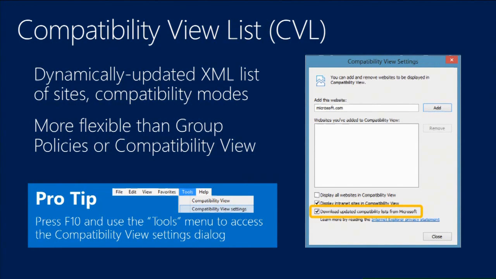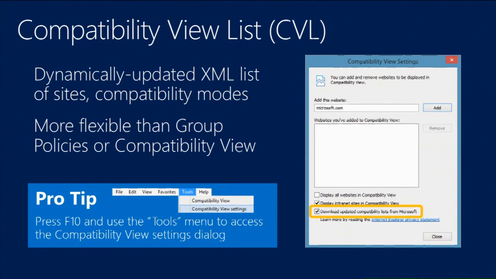Because we're happy to reach out on your behalf to developers. We do this all the time. If we notice that a particular site is being rendered in compatibility mode internally within Microsoft, we might reach out to that developer, that site provider, and suggest a particular compatibility mode. So we're happy to play the intermediary in that situation.